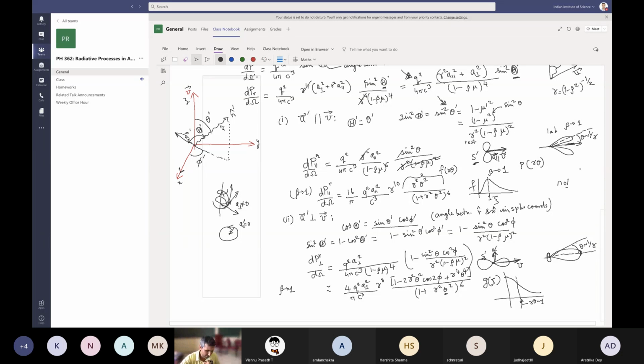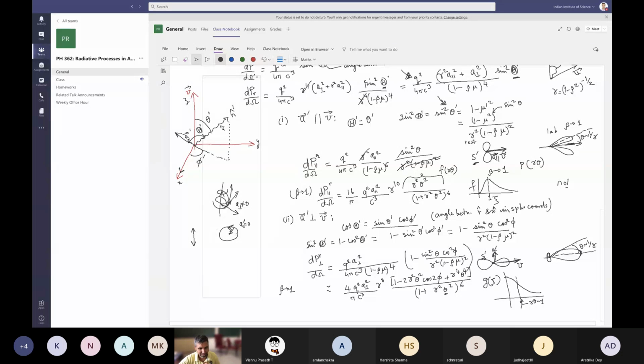If you have a simple linear dipole which is just doing this, acceleration is in this direction and velocity is also in this direction. Yes, that is correct. But you can also think of the circular motion as a generalization of dipole.